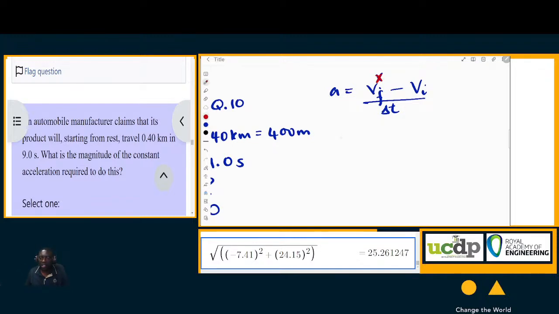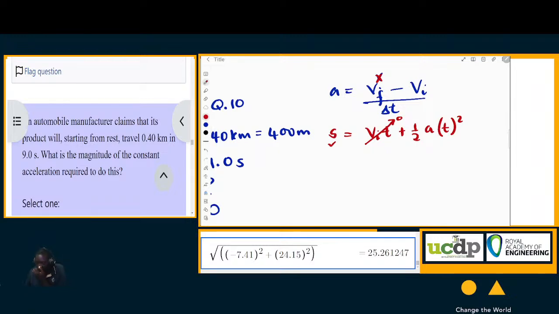What is the other expression? The other equation that can give us A is in terms of the displacement S, which is initial velocity times time, or you can put delta T there, plus half the acceleration times that time squared. So this one will be a good one because our initial velocity is 0 in this case, so that goes out.